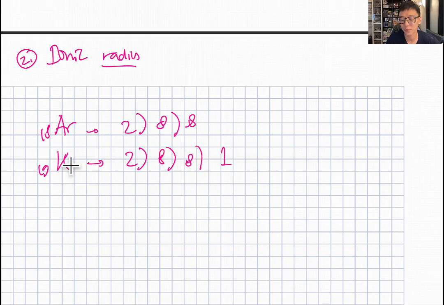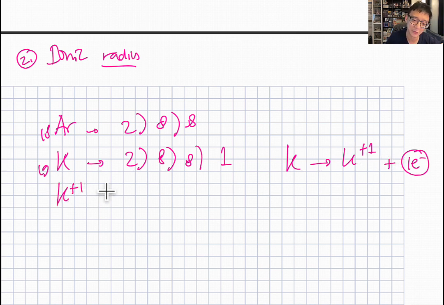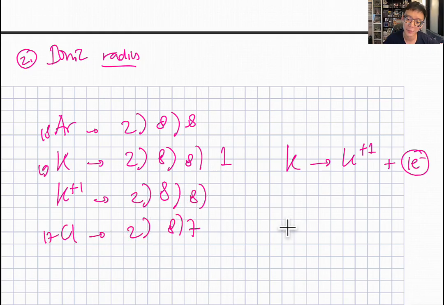And you know that potassium typically forms a potassium plus 1 ion, releasing 1 electron. So the potassium plus 1 ion will be just 2, 8, 8. And for Cl, it's 17, 2, 8, 7. But Cl actually receives 1 electron to form a Cl negative 1 ion. Therefore, the Cl negative 1 ion will also be 2, 8, 8.